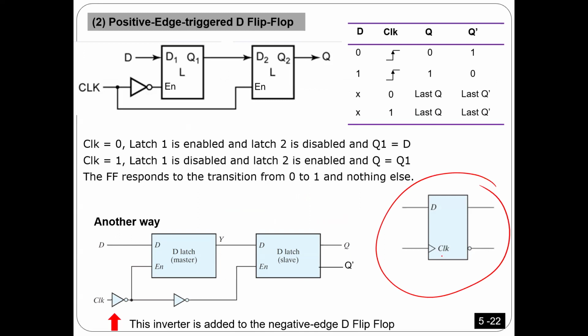So even if you have a flip-flop already, for example positive edge, you can easily make it negative edge. All you have to do is put an inverter here. If you have a negative edge flip-flop, it's easy to make it positive edge. If positive edge, it's easy to make it negative edge, right? Just add an inverter.